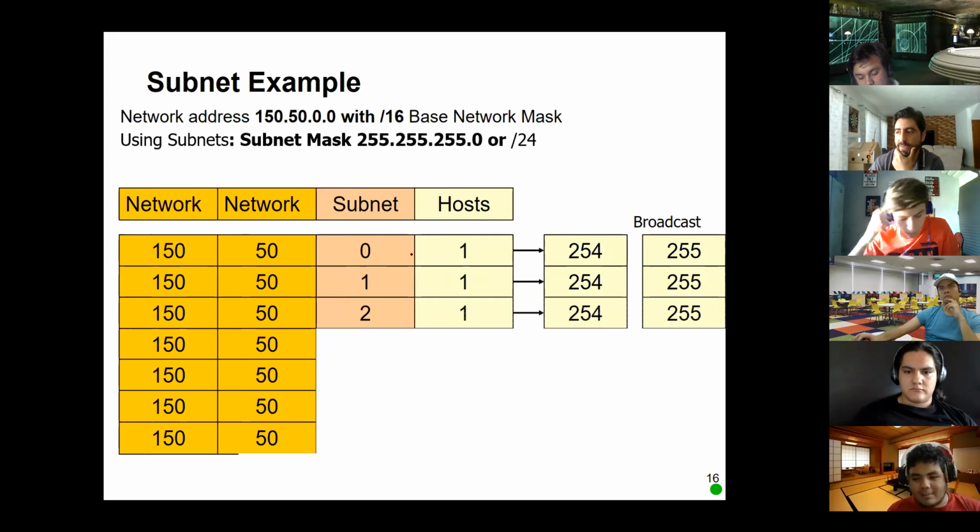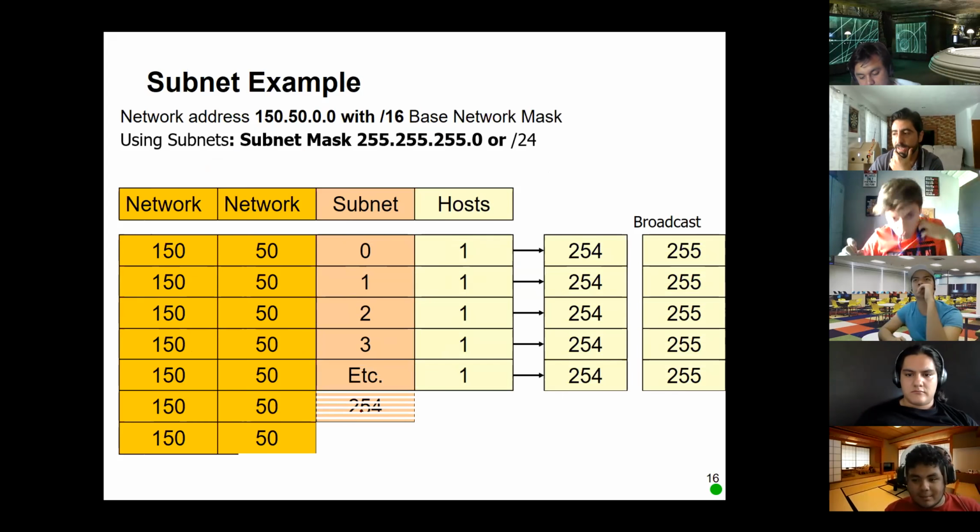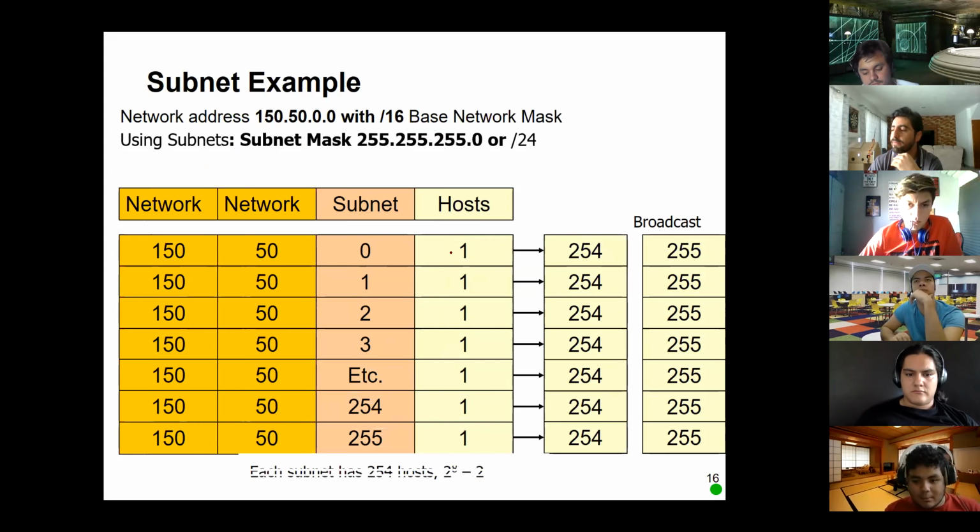So basically it's the same thing. We have all the subnets. Then this is the range of IP addresses that we can use. You remember I mentioned before that all zeros cannot be used.